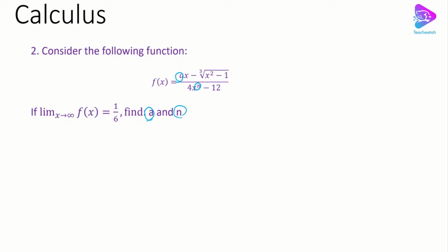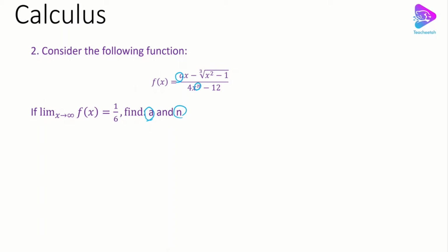Okay, as you remember, whenever we are dealing with a rational function, basically we have 3 different cases. One case is when the highest order of the numerator is bigger than the highest order of the denominator.